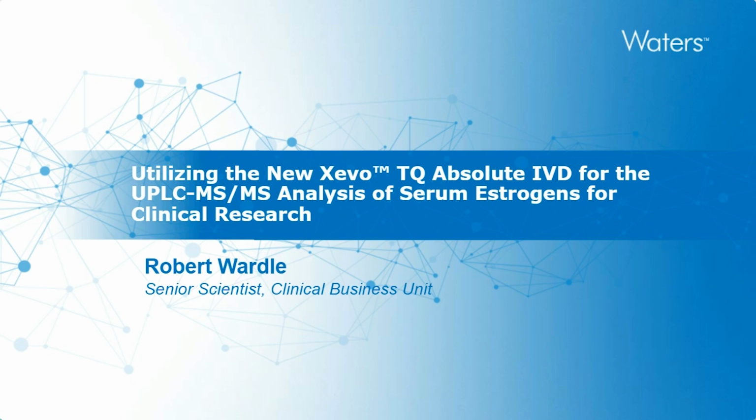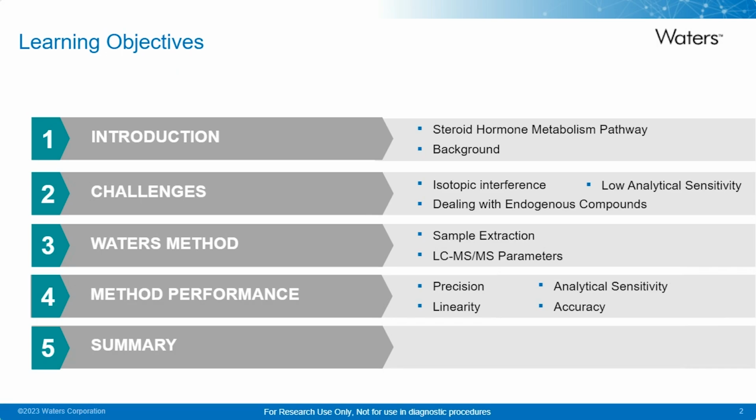Great, thank you very much, Golo, for the introduction, and welcome everybody. So within this presentation, I'll briefly describe the steroid hormone pathway and some background into estrogens. Then we'll move on to some of the challenges faced, such as the isotopic interference challenges, and also discuss the importance of chromatography to separate these out.